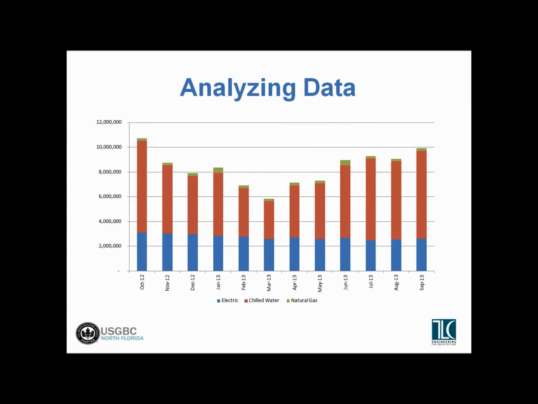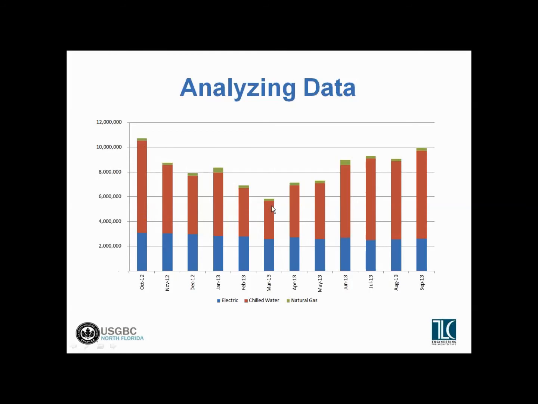What jumps out at you right away is that the red is one of the bigger numbers, but also that we seem to be peaking in the September, October, summer to early fall period, and then the energy use decreases in the winter, really decreases into March there.